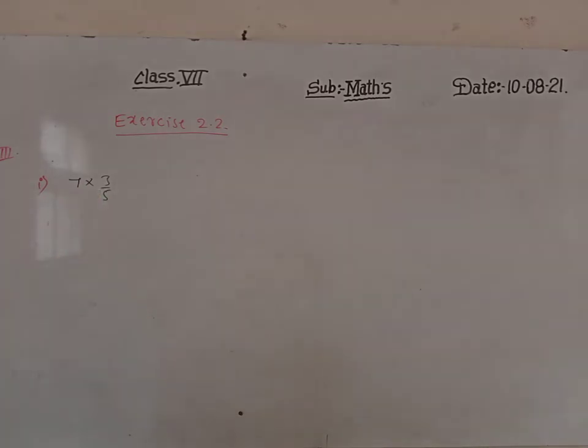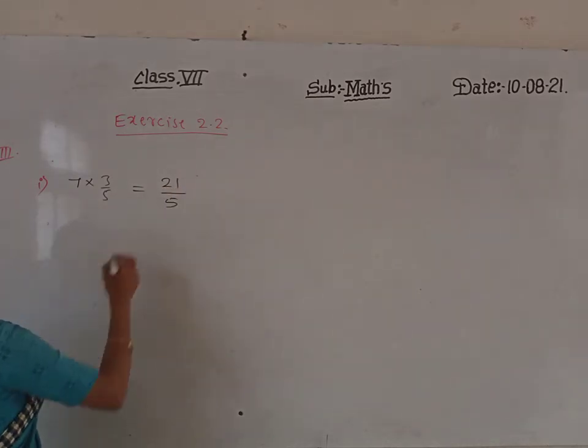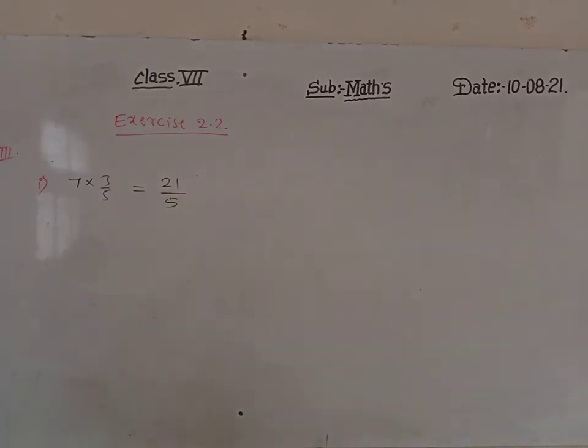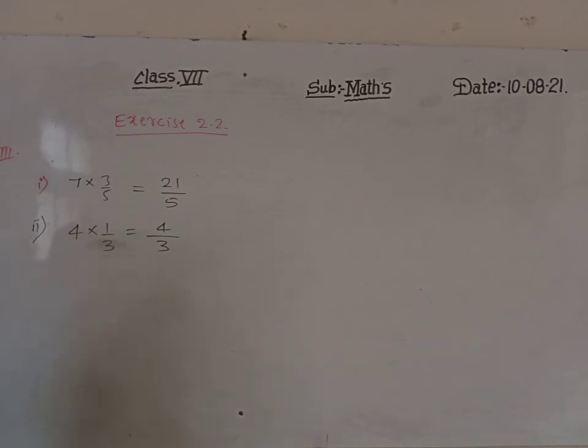Yes, we did the same way in the last class. So here 7 into 3, 21, 5 as it is, 21 by 5. Second one, 4 into 1 by 3. 4 into 1, 4 divided by 3 as it is.